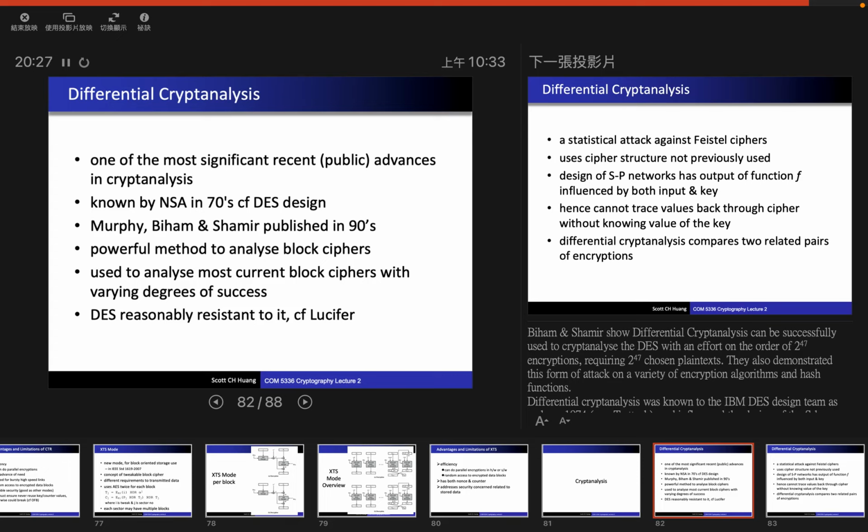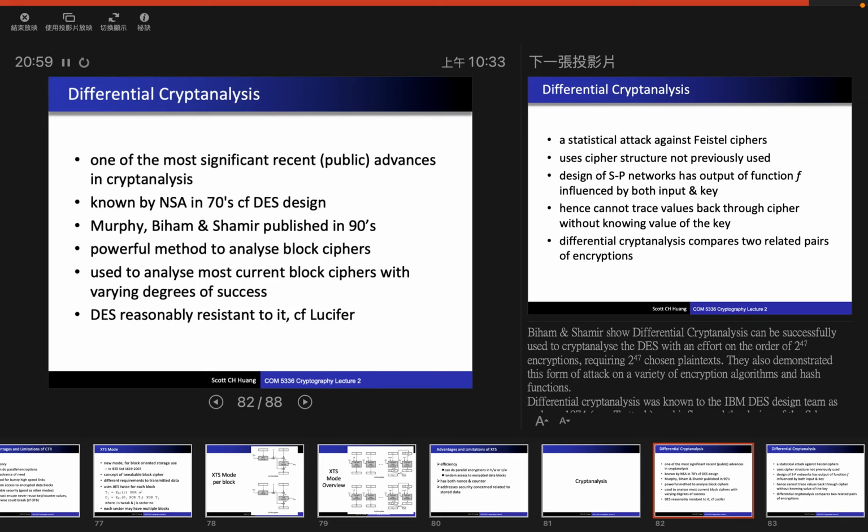Your algorithm is designed to use a 64-bit key, but if you have some internal relationship that the attackers can exploit, then they can take advantage of those relationships to reduce the number of exhaustive key searches. That means your algorithm is not designed perfectly. There's some internal weakness, and in that case, we say this algorithm is not good.